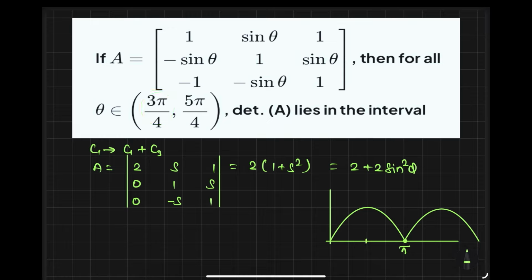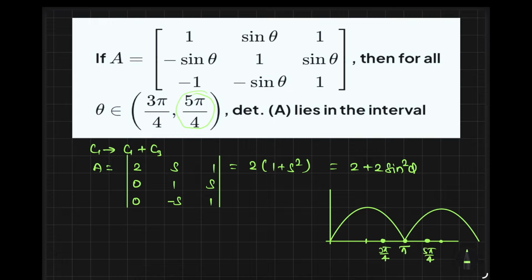Here it is pi by 2. Here it is 3 pi by 4. And here it is pi plus pi by 2. And this is pi plus pi by 4, which is 5 pi by 4.